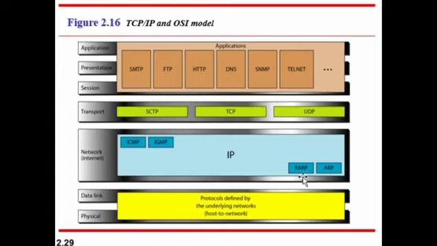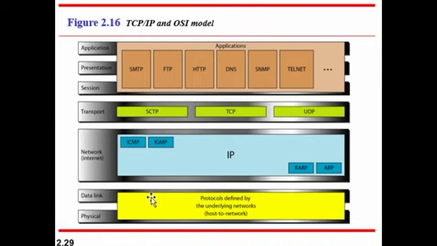These are all related to IP addresses or the network layer. In the physical and data link layers, the protocols are defined by the underlying networks, that is host to network, right? So we are not using any protocols primarily in these two layers. So this was all about the protocols we use in all these layers.